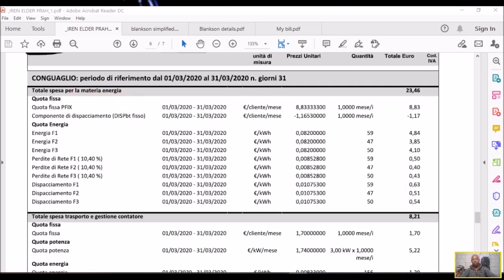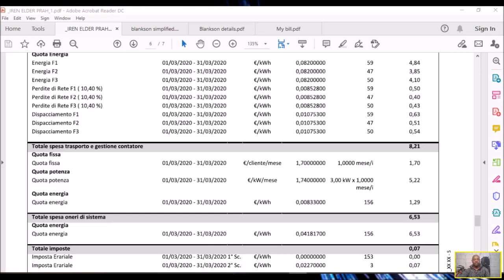Now if we go forward and look at the totale spesa trasporto e gestione contatore, in the month of March, within 1 month, like the bill I showed you before, it was 1.70. It is decided by the government, and it is the same for every company. Quota potenza, he has 3 kilowatts. The price is €1.74.